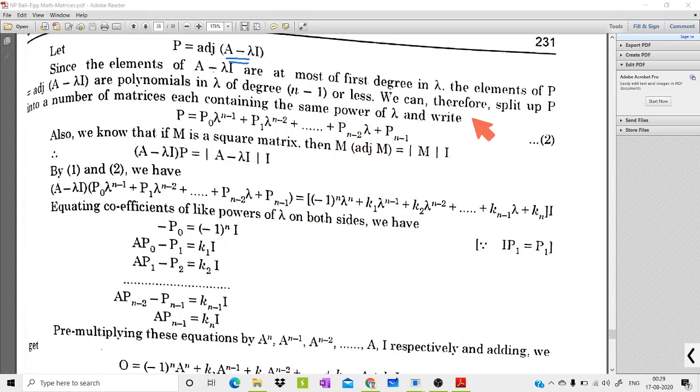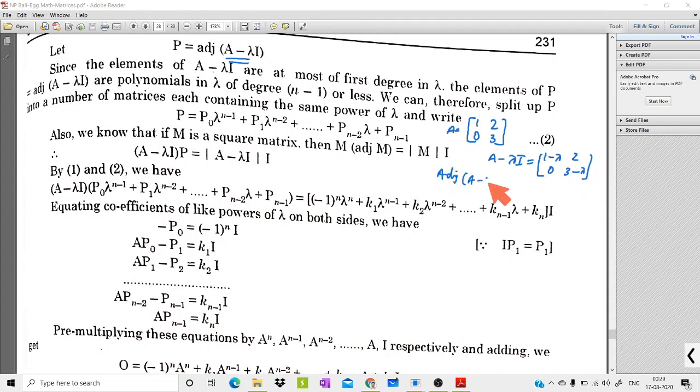That means, when you consider this matrix, say 1, 2, 0, 3, this is the matrix we have discussed just now. We consider the adjoint of A minus lambda I. First you write A minus lambda I here: 1 minus lambda, 2, 0, 3 minus lambda.